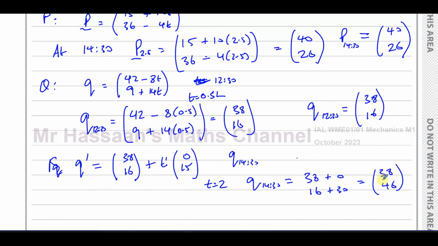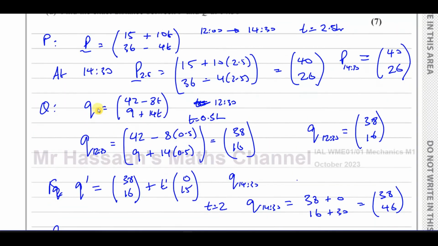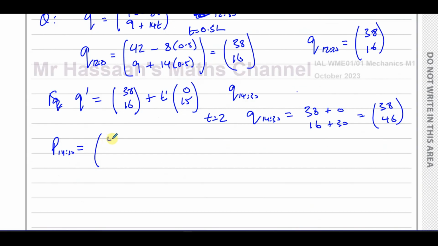And the J component is going to be 30 more because it's going up for 2 hours, 15 kilometers per hour. So now we can see that the position vector of P at 14:30 is what we found, 40, 26. And the position vector of Q at 14:30 is 38 and 46.